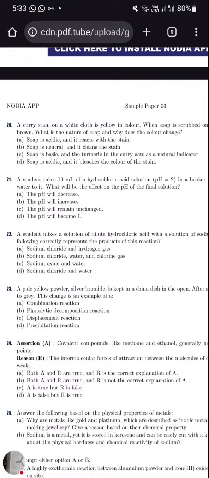Twentieth is C. Soap is basic in nature. Turmeric in the curry acts like a natural indicator. Very good, correct answer.